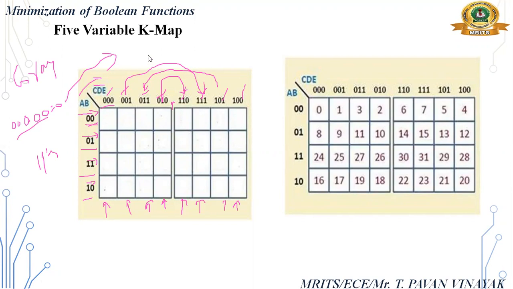Suppose you go in the reverse order from this side. First you write 0 0 0 0 0, this becomes 0. Now if you come in reverse order, 0 0 0 0 1 becomes 1, then 3, then 2.